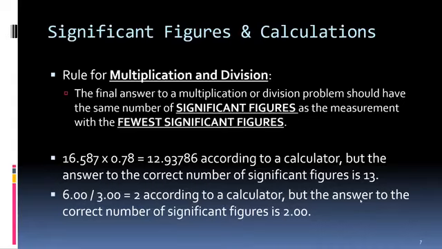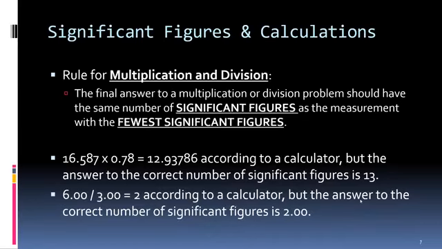However, we need to round this answer to the proper number of significant figures. 16.587 has 5 significant figures. 0.78 has 2 significant figures, which means according to the rule, we must have an answer that is rounded to 2 significant figures. 12.93786 rounded to 2 significant figures is 13. The correct answer with the correct number of significant figures to this question would be 13.